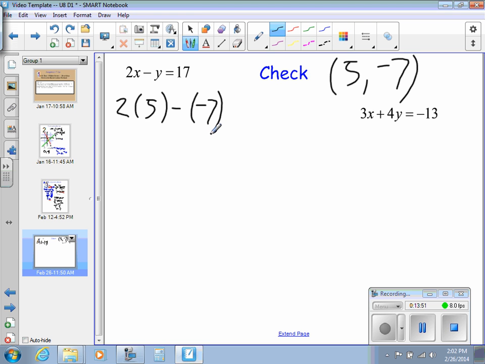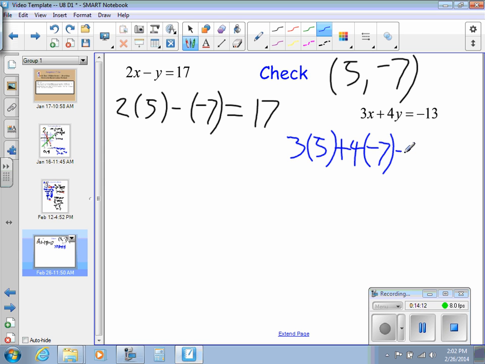Make sure that you get both the minus and the negative in there, equals 17. Over here, when I plug it in, I'm going to end up with 3 times 5 plus 4 times negative 7 equals negative 13. So let's deal with these one at a time.